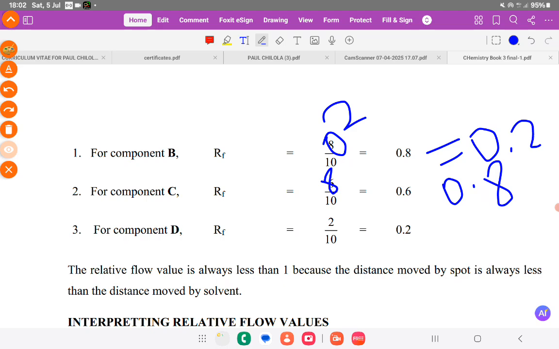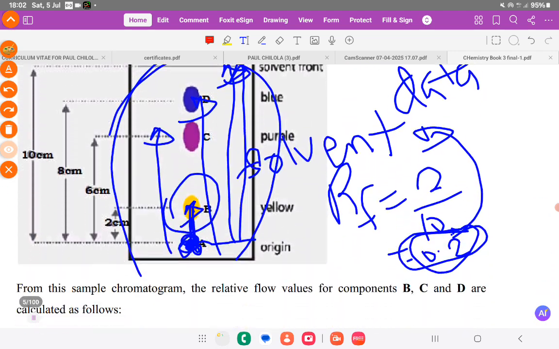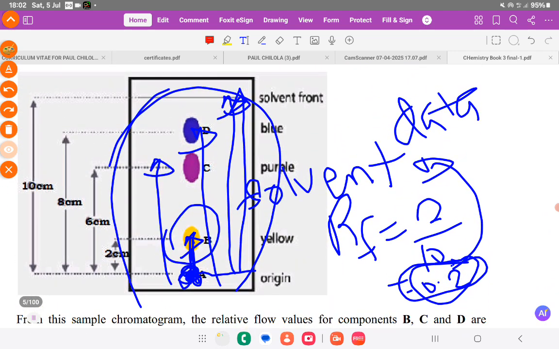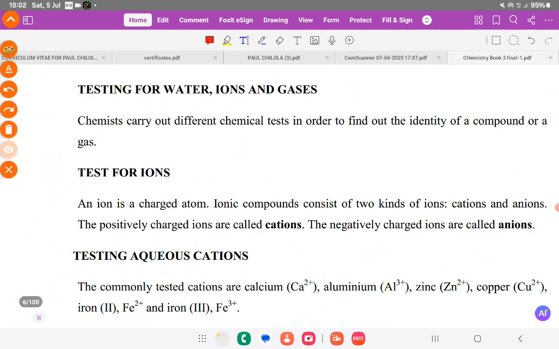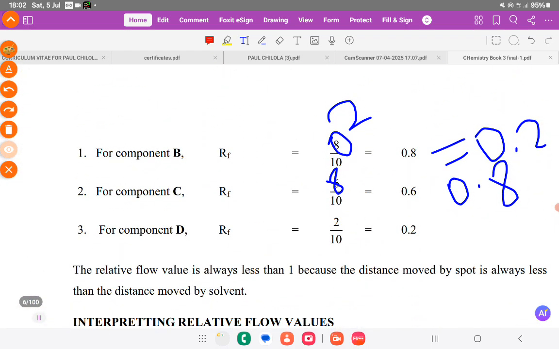And for D, if you go back, D has a distance of 10, so you take the distance over 10, which is 0.8. Over here, I think it's 0.6, like that.